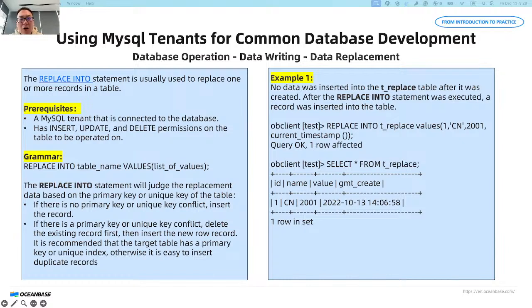If there is no primary key or unique key conflict, then insert the record. If there is a primary key or unique key conflict, delete the existing record first, and then insert the new record. It's recommended that the target table has a primary key or unique index. Otherwise, it's easy to insert duplicated records.